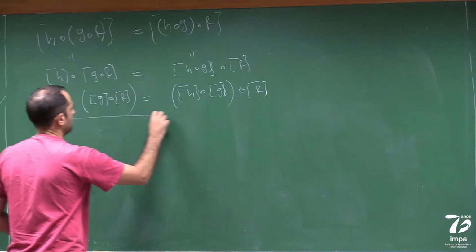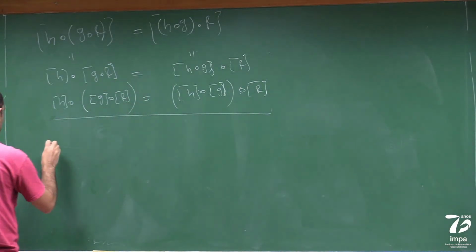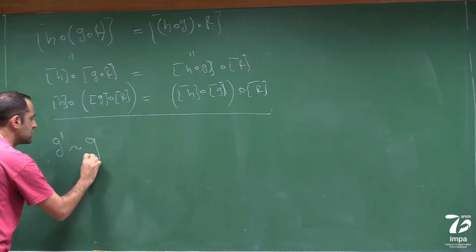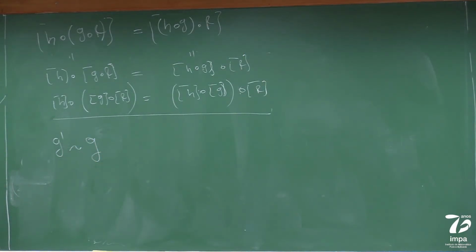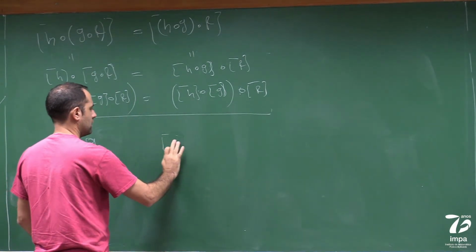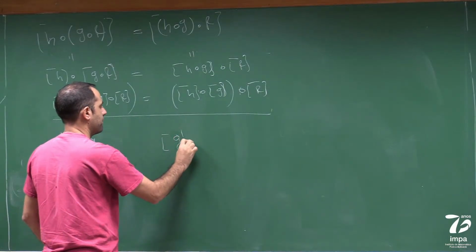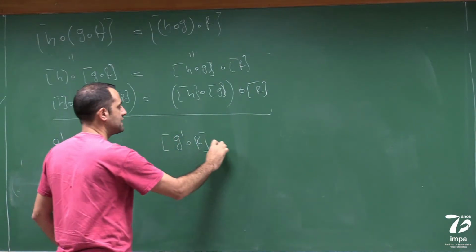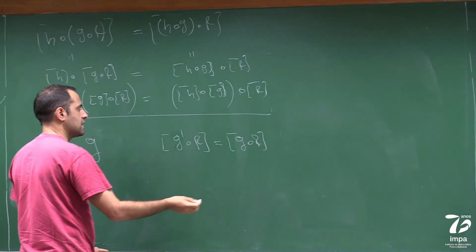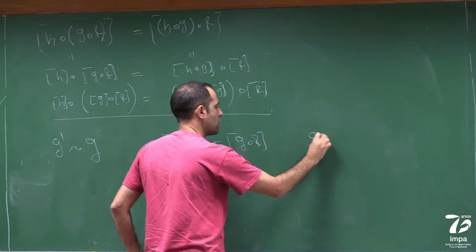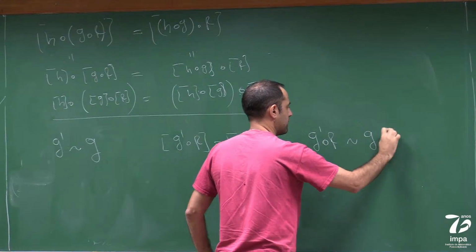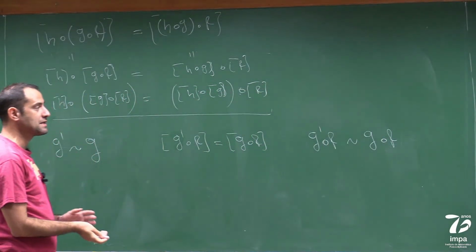So essentially I need to check that if I have another, say G prime, that is homotopic to G, then the class of G prime composed with F is equal to the class of G composed with F. Or in other words, I need to check that the composition of G prime with F is homotopic to the composition of G with F. And I need to find an explicit homotopy between those two.